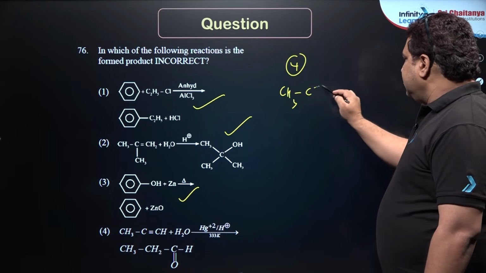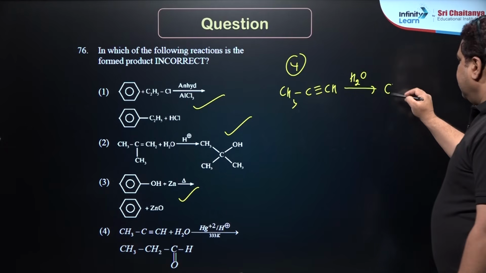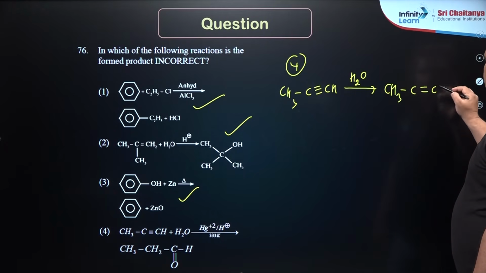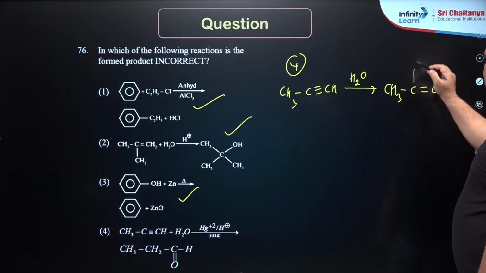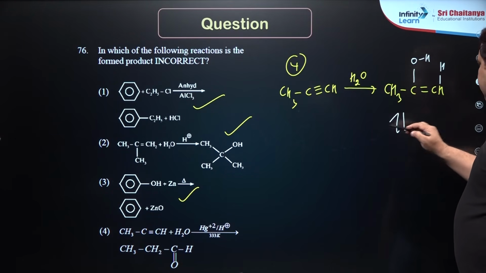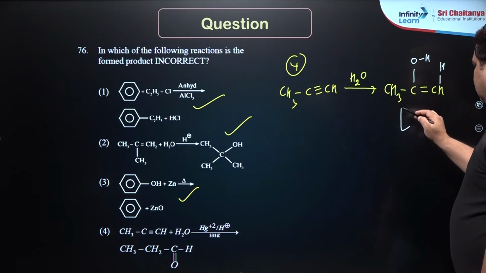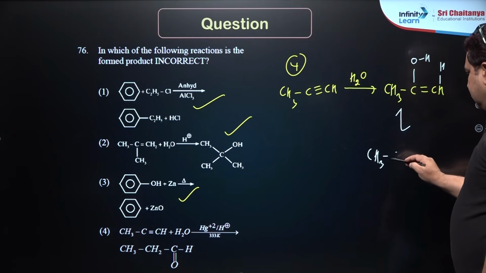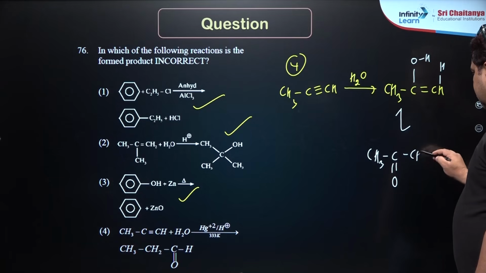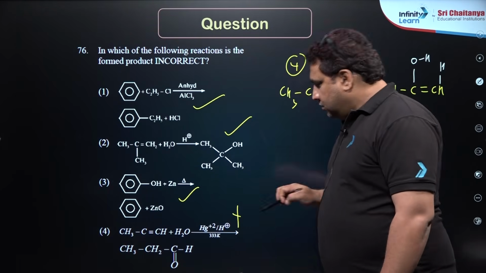So, CH3 C triple bond CH, if you add water, then addition will happen as per Markovnikov rule, correct. This will undergo tautomerism, sorry, and this will give you CH3 C double bond O CH3. But here he gave propanol, wrong.